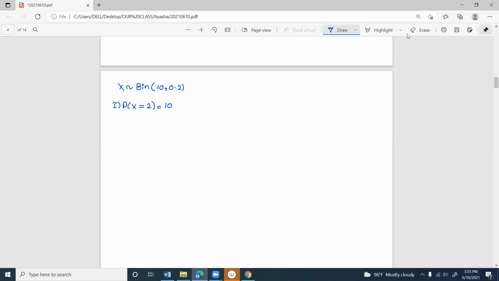You can say 10C2 times 0.2 to the power 2 times (1 minus 0.2), which is 0.8, to the power 10 minus 2. If you work it out this way, 10C2 times 0.2 squared times 0.8 to the power 8, you get the answer 0.302.